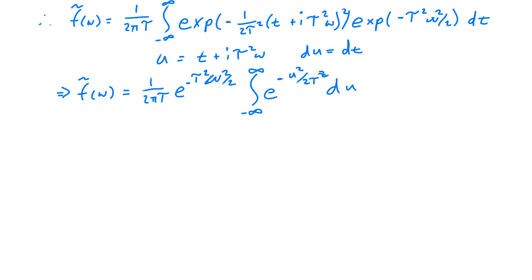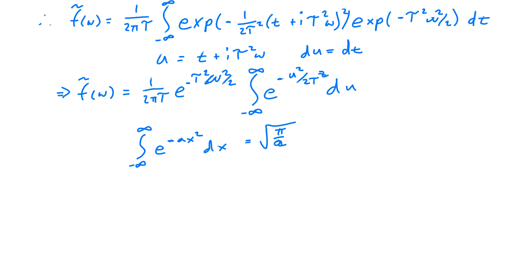And I know from Shalom's outlines that if I integrate from minus infinity to infinity, and by the way, you can still see that the limits are still minus infinity to infinity, because as t goes to infinity, u goes to infinity, and vice versa. So I know if I integrate e to the minus a x squared dx, the result is going to be square root of pi over a.